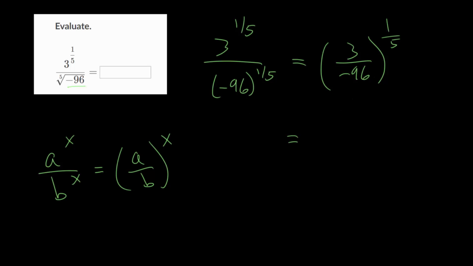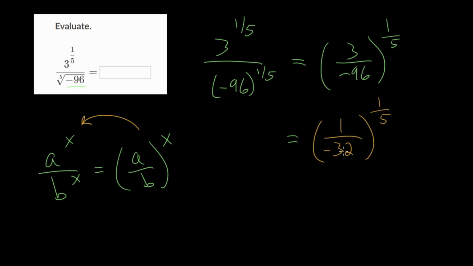Now, 3 and 96, they're both divisible by 3, so we can divide top and bottom by 3, and so we get 1 up top, and 96 divided by 3 is 32, but we still have our negative sign, and all of this is raised to the 1/5 power. Now we can essentially just apply this rule in reverse.